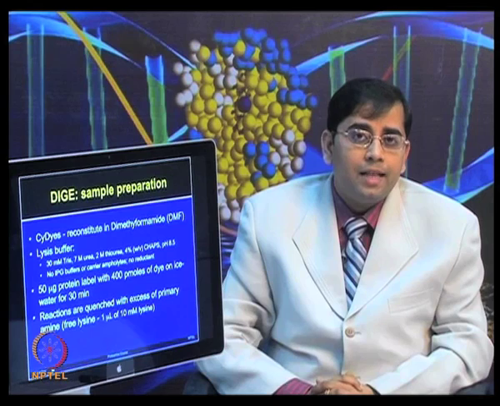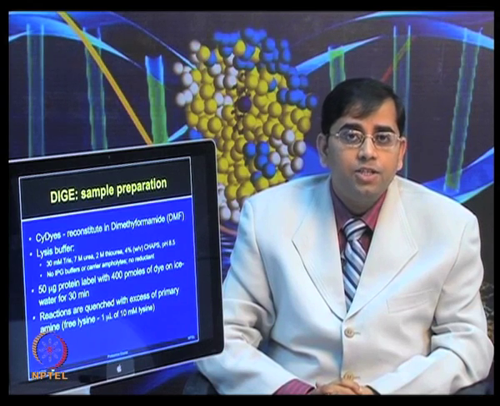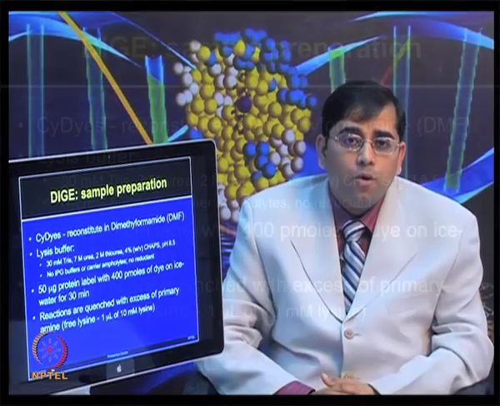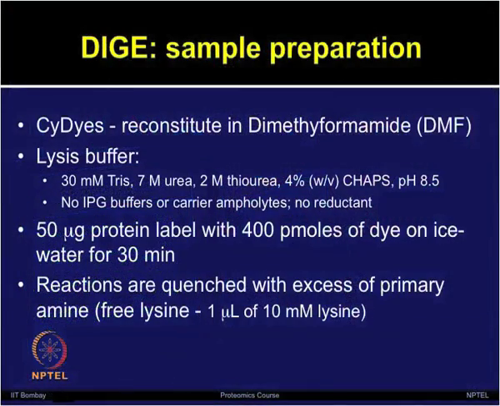So, how to prepare the sample to perform the DIGE experiment? First of all, you need to reconstitute your dye in dimethyl formamide or DMF. The lysis buffer, in which your protein sample is going to be dissolved, consists of 30 millimolar Tris, 7 molar urea, 2 molar thiourea, 4% CHAPS, and you have to adjust the pH to 8.5.